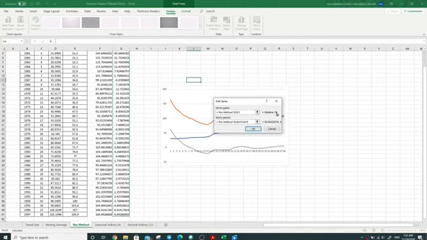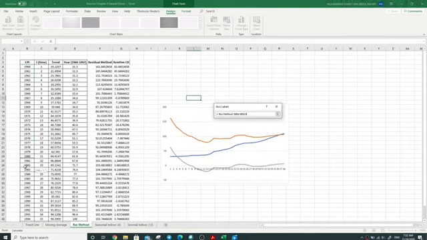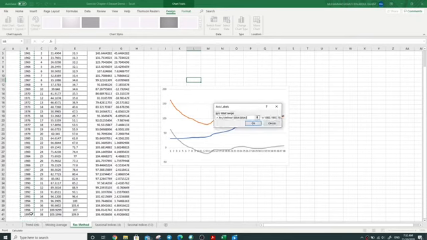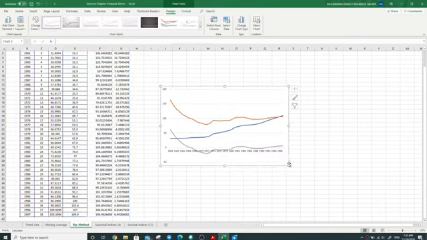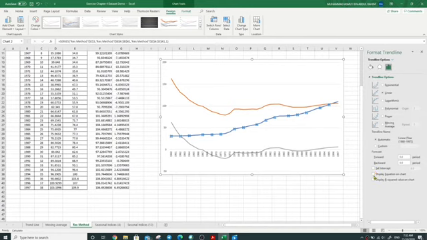We edit the x-axis to represent it as here. This is basically okay. Then add the trend line.